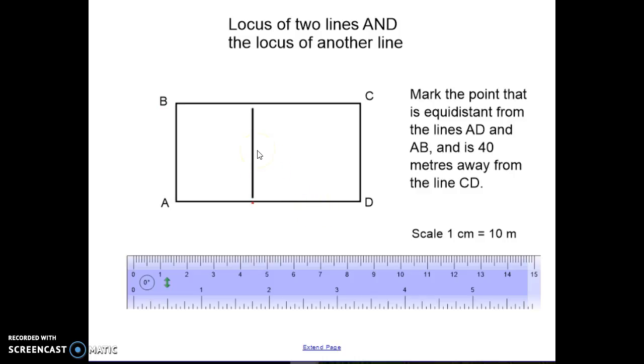If you've seen my constructions video, you've hopefully seen in there the construction of an angle bisector, and that's what we need to do here. So let me remind you of what needs to happen there. Position my compass point where the two lines meet.